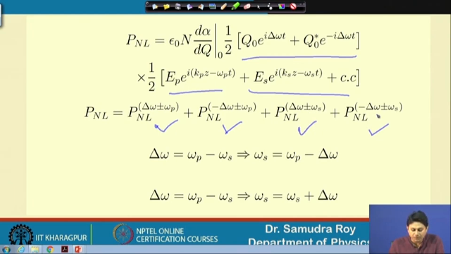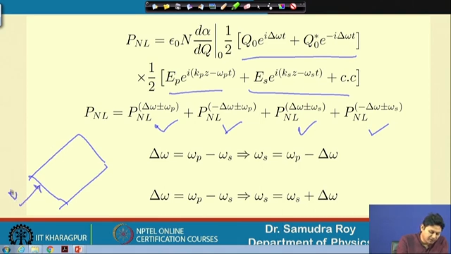But which frequency component is the most important one, that is something we should be careful about, because when we try to find out the evolution of the stimulated Raman process, what happens is that I am launching an electric field with frequency omega p, and I am launching another electric field with frequency omega s.